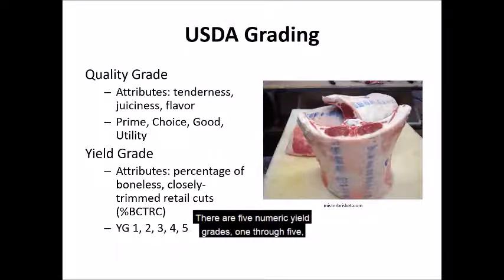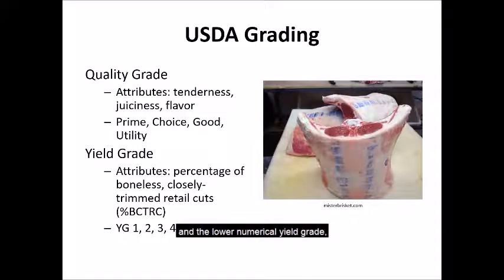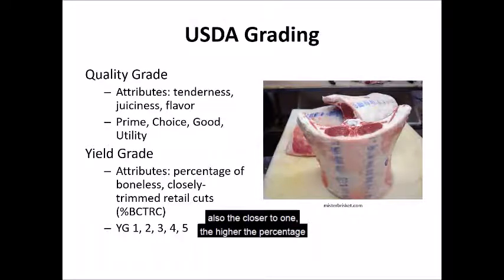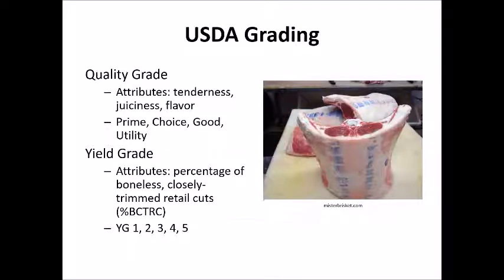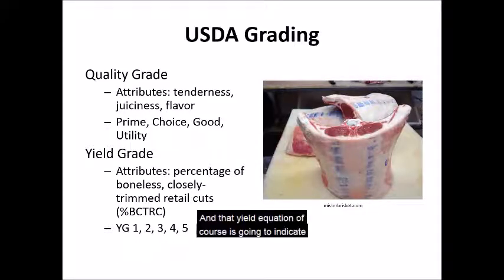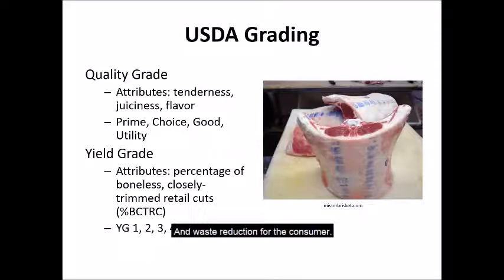There are 5 numeric yield grades, 1 through 5, and the lower numerical yield grade, so the closer to 1, the higher the percentage of boneless, closely trimmed retail cuts. The higher the numerical yield grade, the lower the percentage of boneless, closely trimmed retail cuts. And that yield equation, of course, is going to indicate profit for the producer and waste reduction for the consumer.